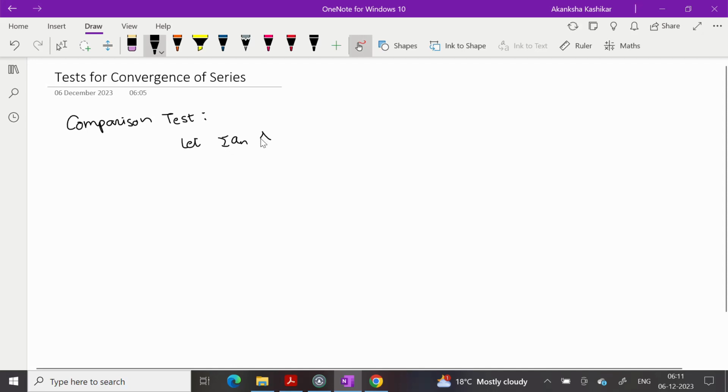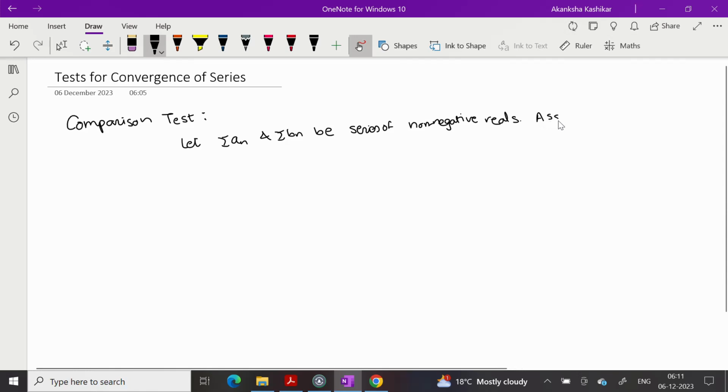Let summation an and summation bn be series of non-negative reals, so both of these are non-negative series.